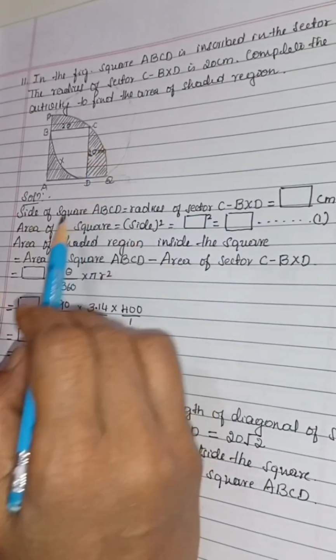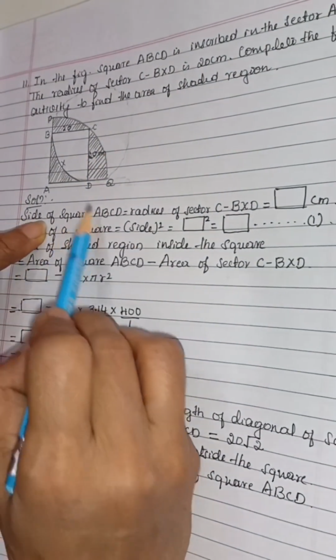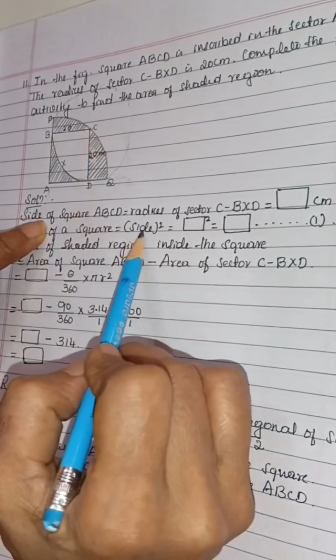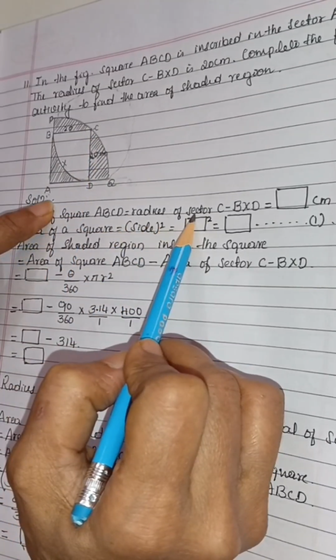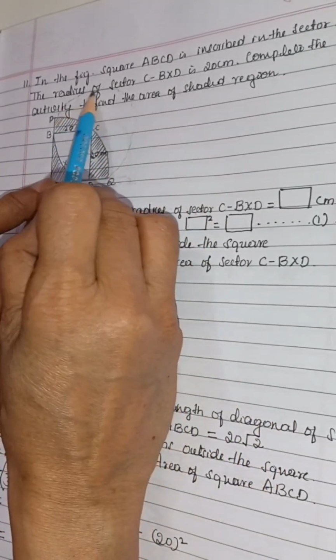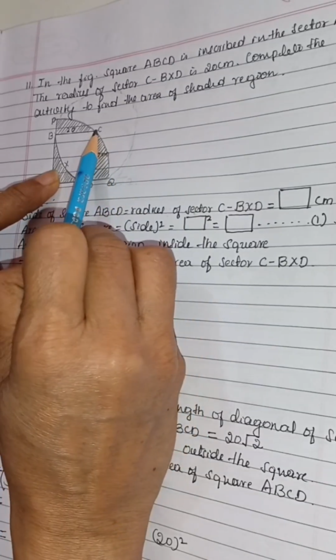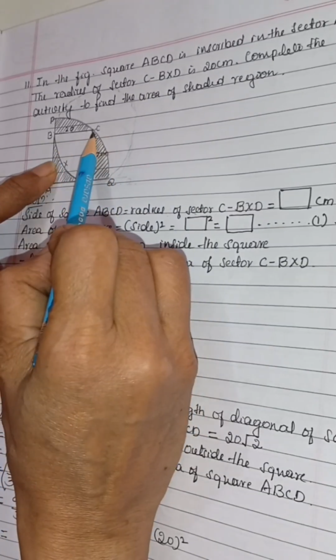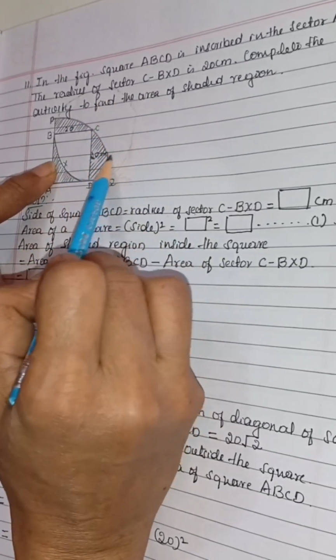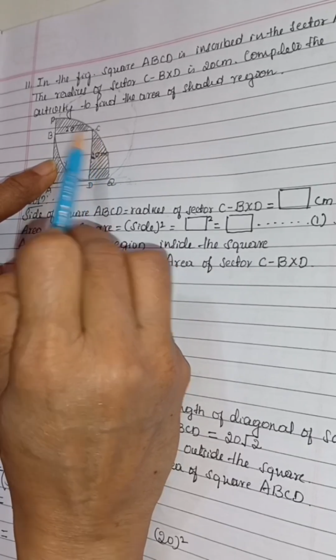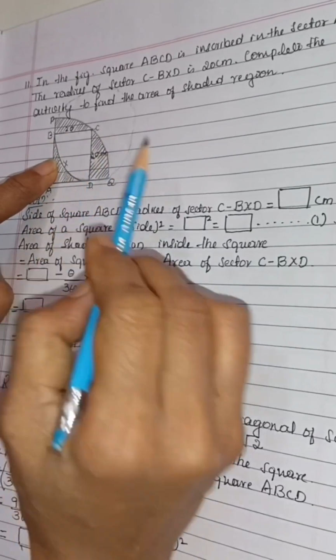Complete the following activity. Side of square ABCD equals radius of the sector CBXD. If you draw a circle like this, this becomes the center, and CB and CD are two radii of this circle. And this is the sector CBXD.